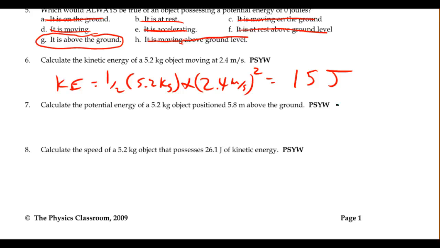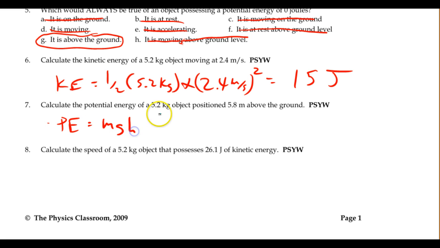Next, calculate potential energy, same kind of object, 5.2 kilograms. We're going to need to multiply that by g, 9.8, and multiply it by 5.8 meters above the ground. That time we're at about 296, which to 2 significant figures pretty much rounds off to 300.